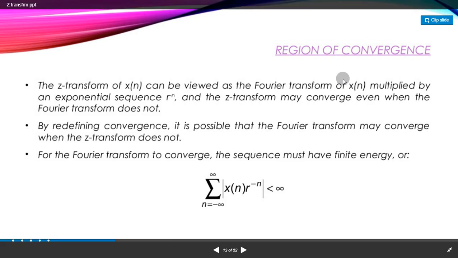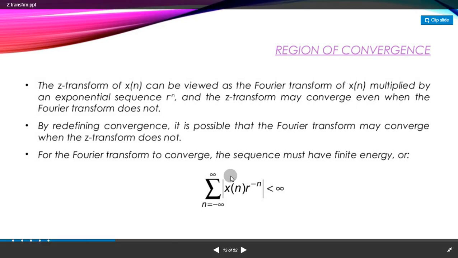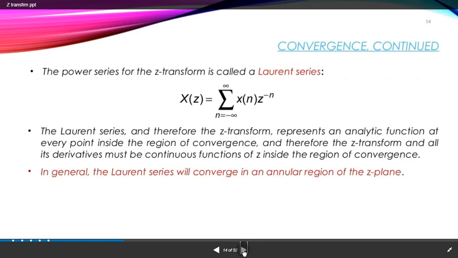So we have the sum from n equal to minus infinity to plus infinity of x of n r to the power minus n in this region. Okay, let's go to the next slide.